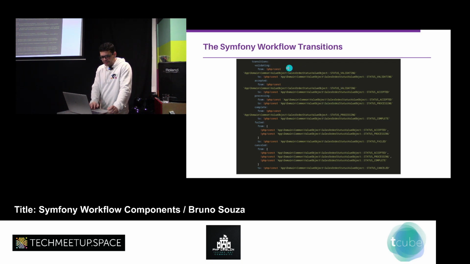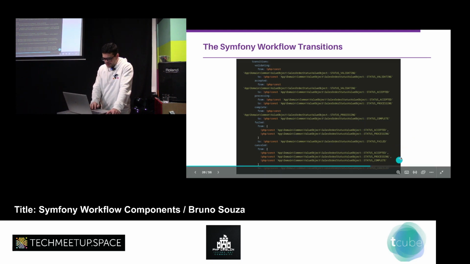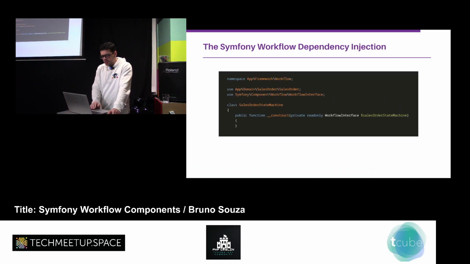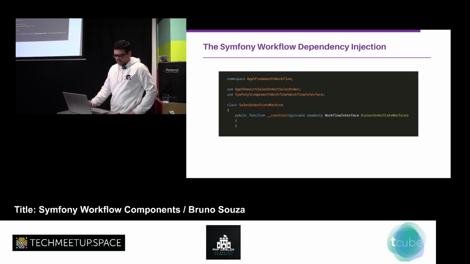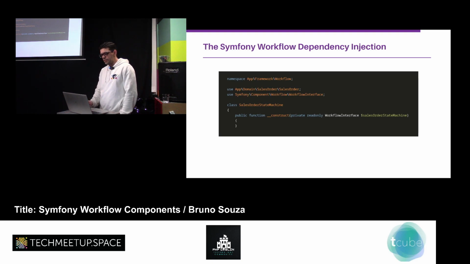So you can see here, the first step is validation, which goes from validation to accepted, which is the next status. And then it goes on until it gets failed, accepted, or completed.